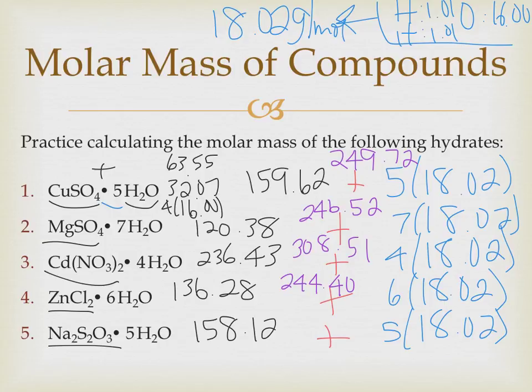And lastly, 5 times 18.02 plus 158.12 is 248.22. So that's how you find the molar mass of a hydrate.